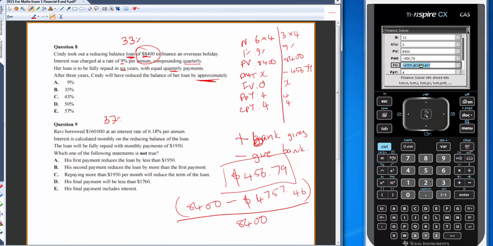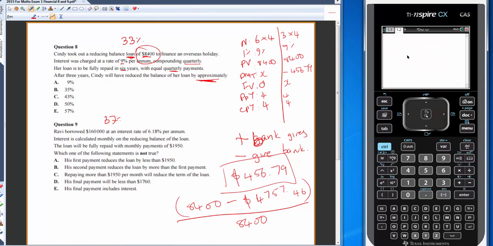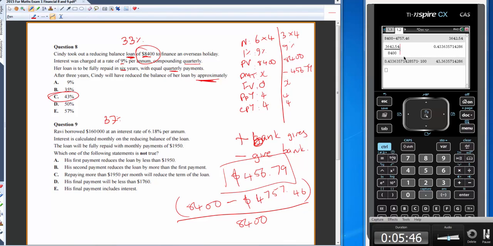So let's get out the calculator: 8,400 take away 4,757.46, divide that by 8,400, and multiply by 100 to convert it to a percentage. That's 43.3, or approximately 43%.